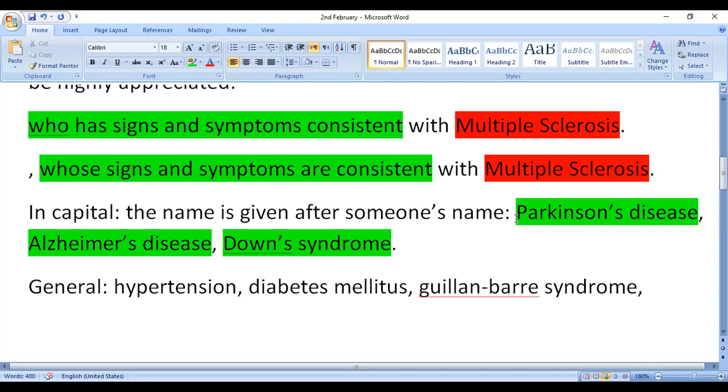If the name is given after someone's name, then we write in capital: Parkinson's disease, Alzheimer's disease, Down syndrome.